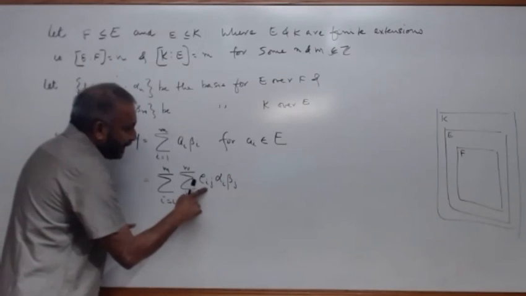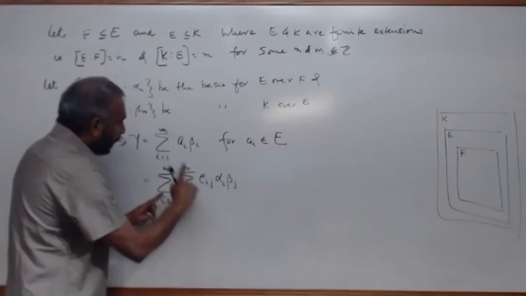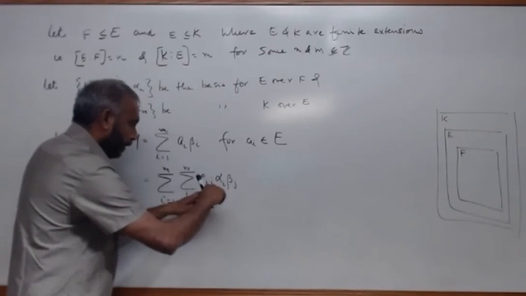When I say c_ij, it means for each i there is a j.